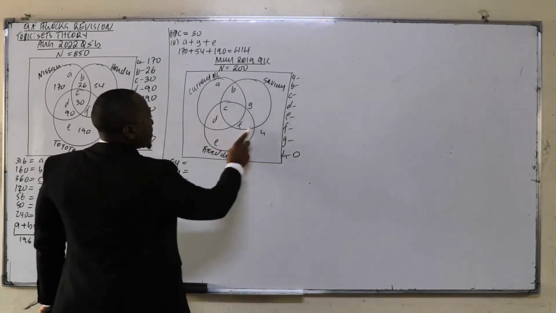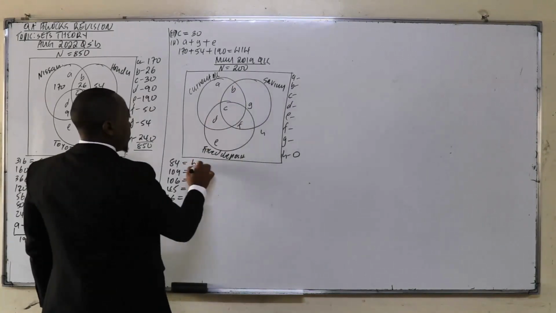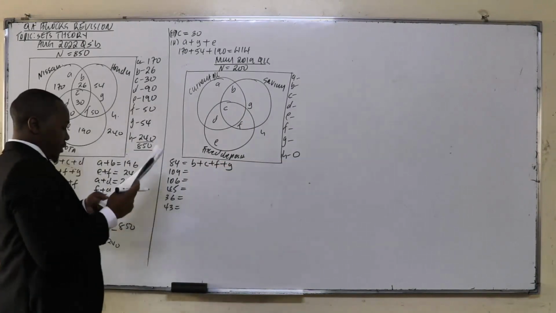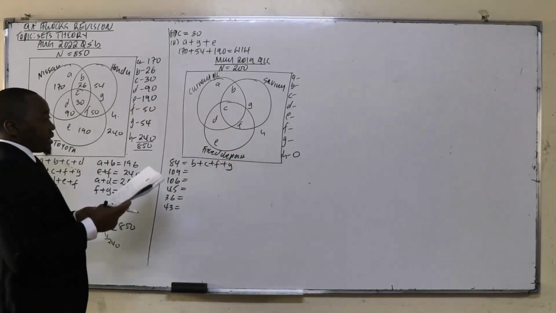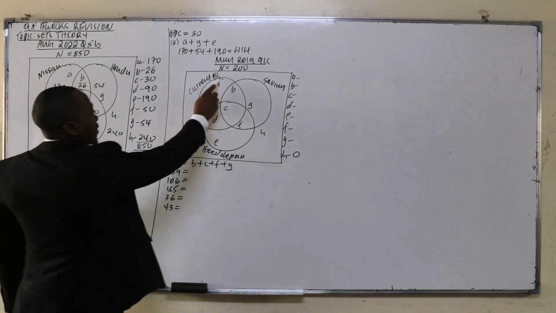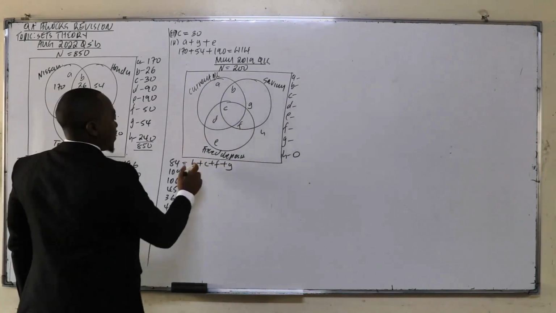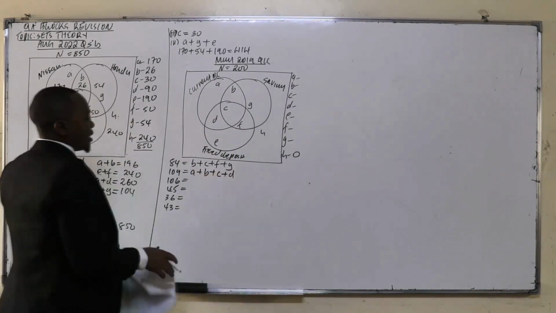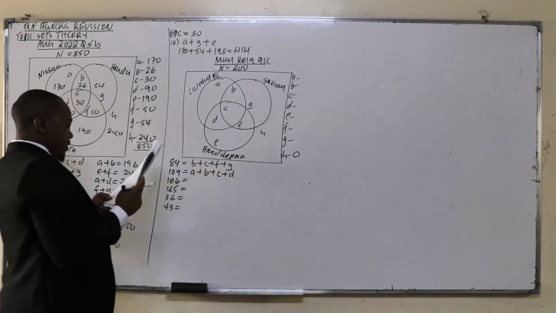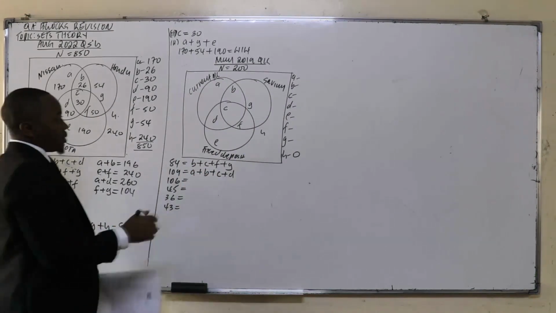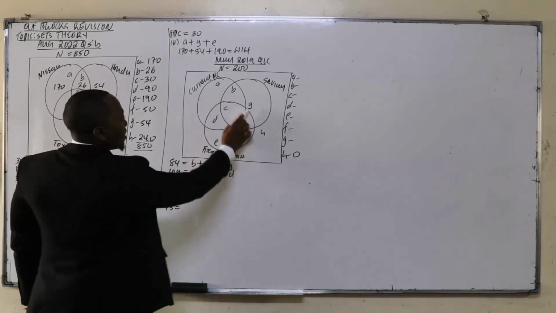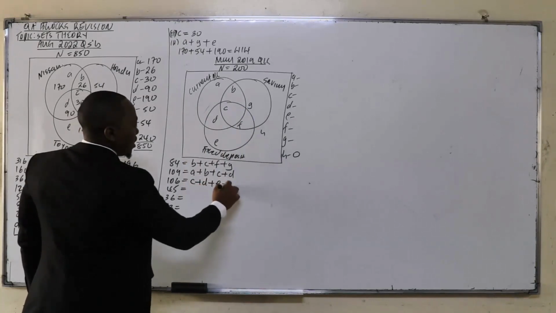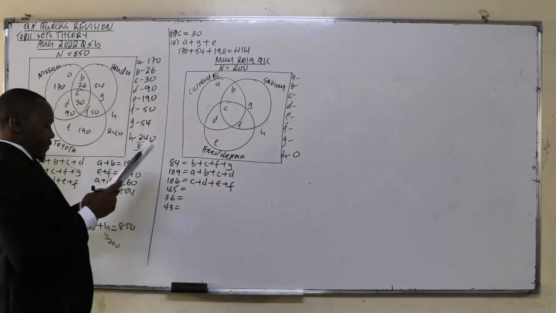Those who operate savings account, we have B, C, F, and G. 109 customers operate current account: A, B, C, and D. 106 customers operate fixed deposit account: C, D, E, F.